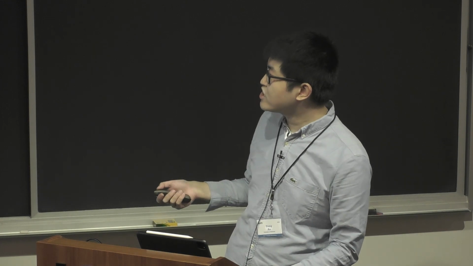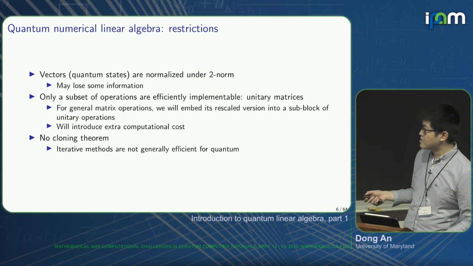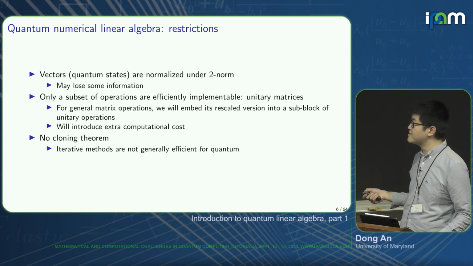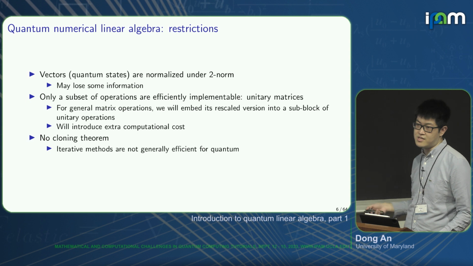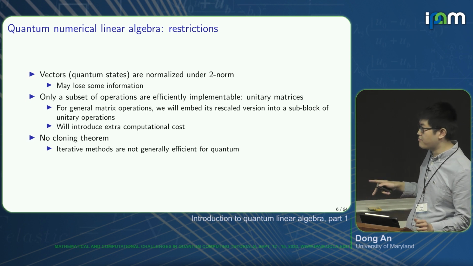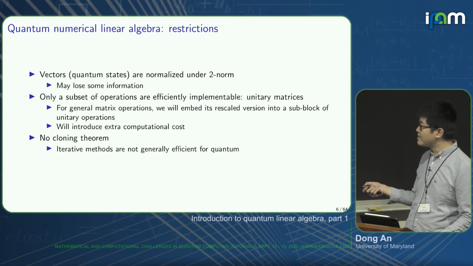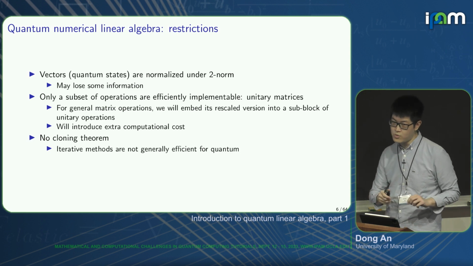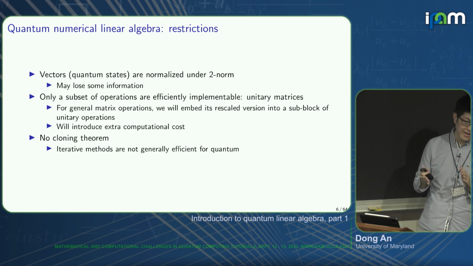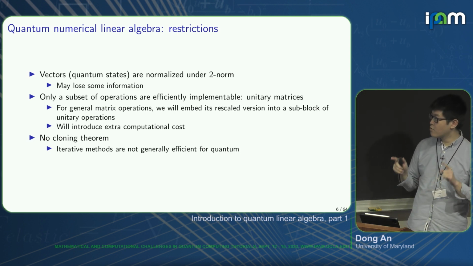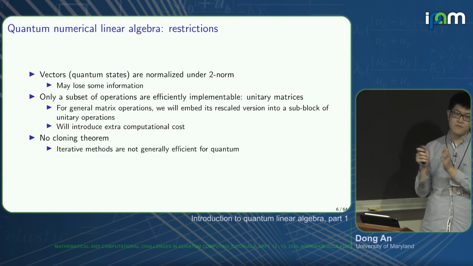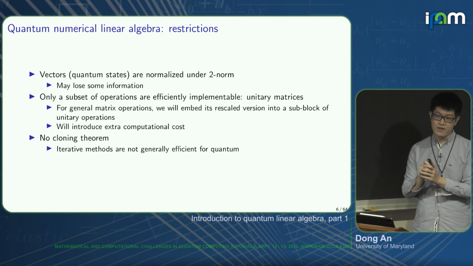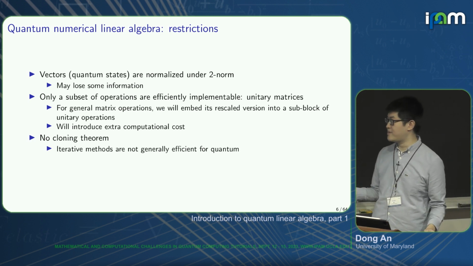Another major restriction of quantum numerical linear algebra is that we can only implement a subset of the linear algebra operations. On a quantum device we are performing transformations between normalized quantum states, which means those transformations should be unitary matrices.